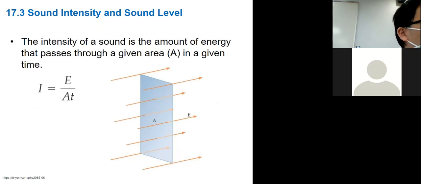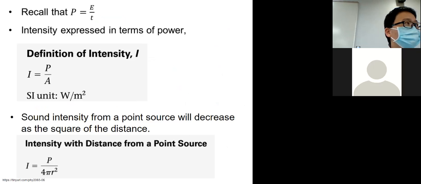Intensity, sound intensity, is defined by the energy of the sound, which is a wave. A wave carries energy, divided by area, divided by time t. Energy divided by t is power, so intensity is also equal to power divided by area. If it's a point source, then it's equal to power divided by 4 pi r squared.